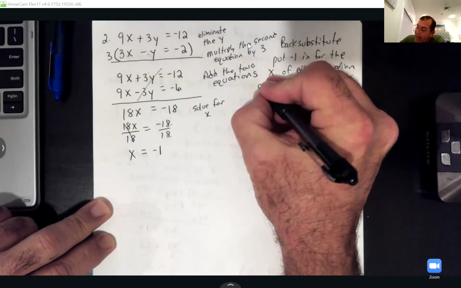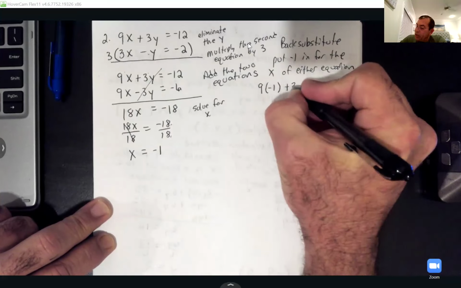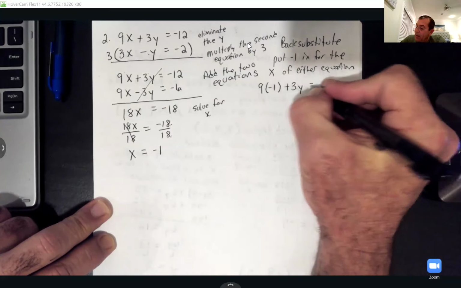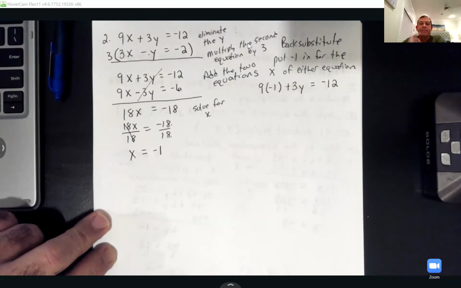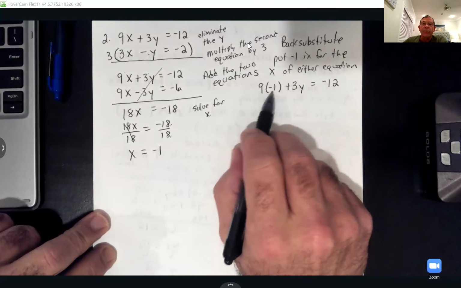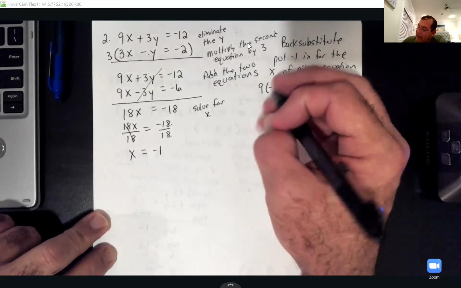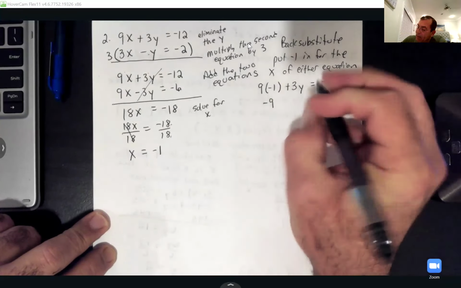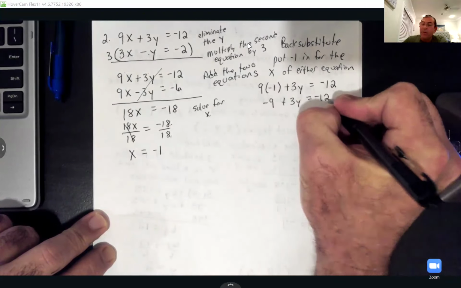So that's going to give me 9 times -1 plus 3y equals -12. All right, so you're always going to multiply first whatever number you put in for the variable. So that'll give me -9 plus 3y equals -12.